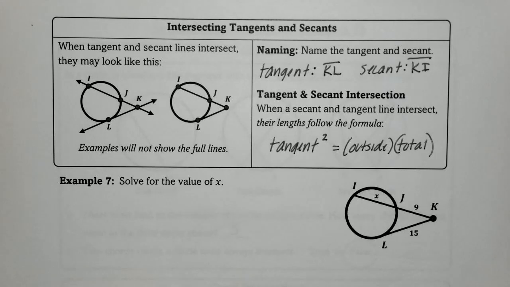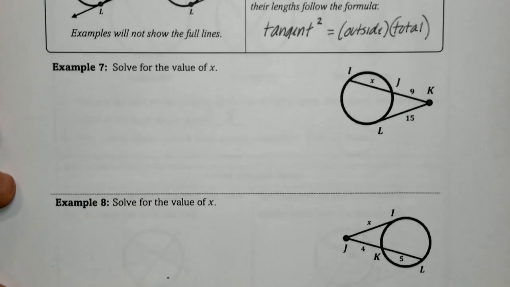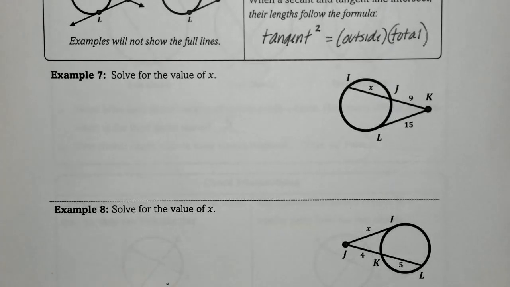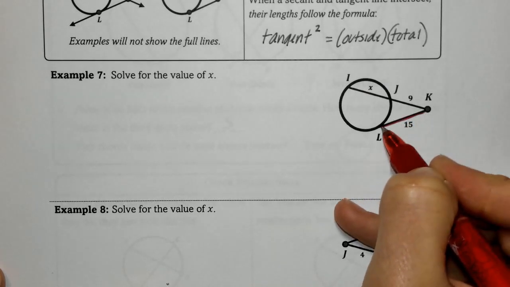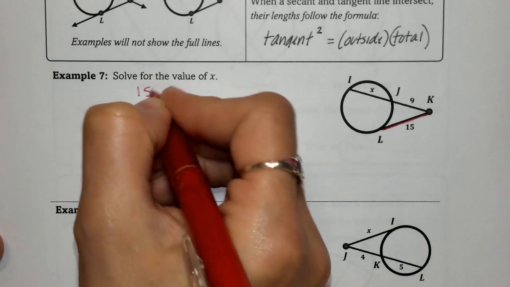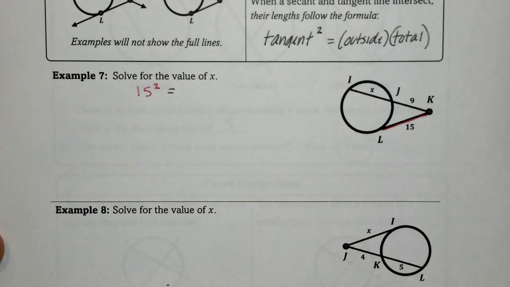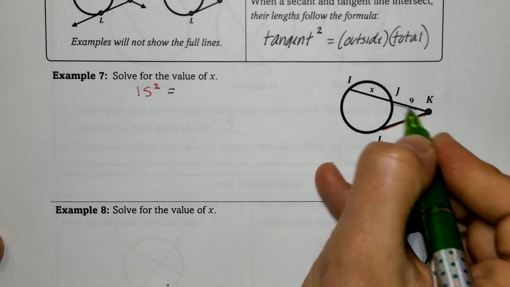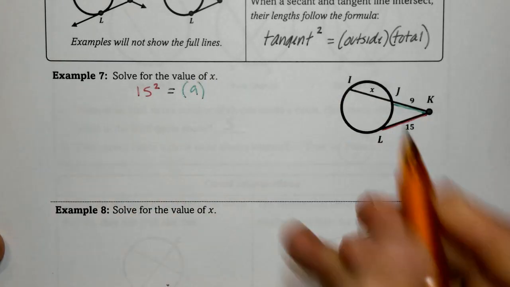So we have 2 problems. Let's take a look at the first one here. We find the tangent line right here, and this will be tangent squared, so we're going to take 15 squared. We will set this equal to the secant's outside of 9 times the total.